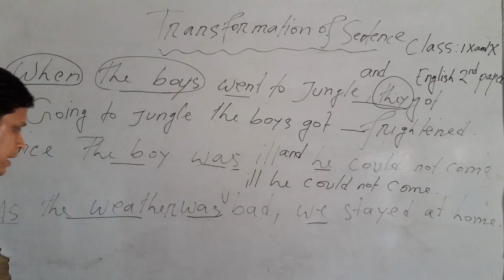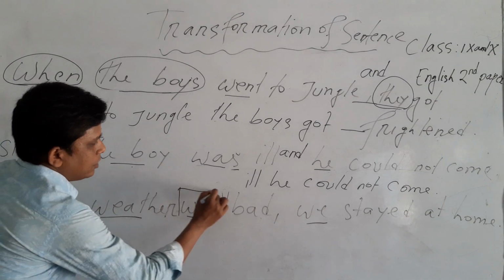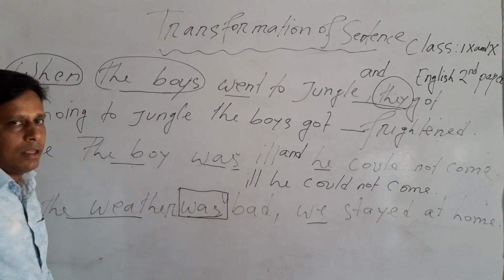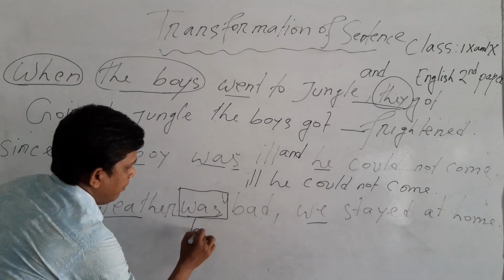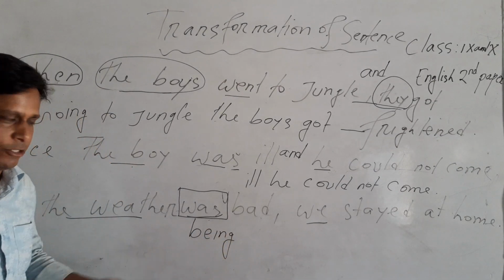It is easier than the previous two sentences. If you want to change this sentence into simple, we just remove "as", and instead of "was", write "being". Only being, nothing else.